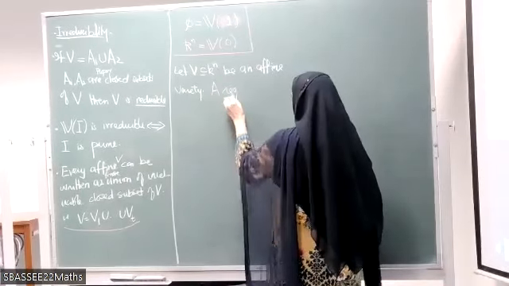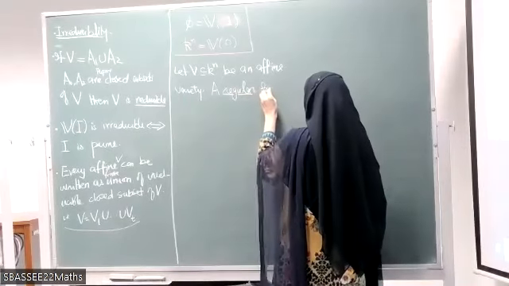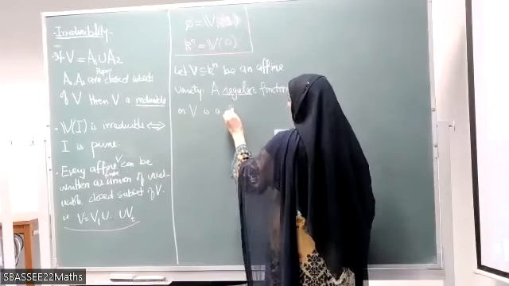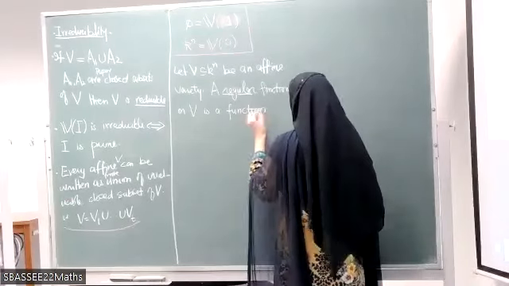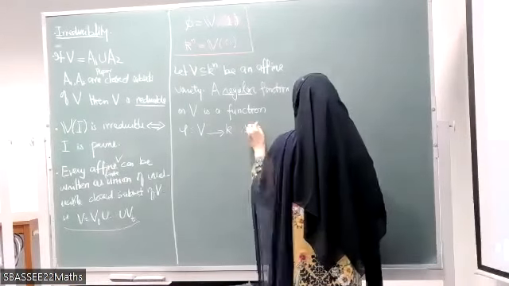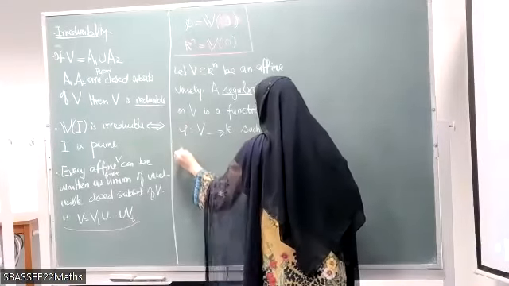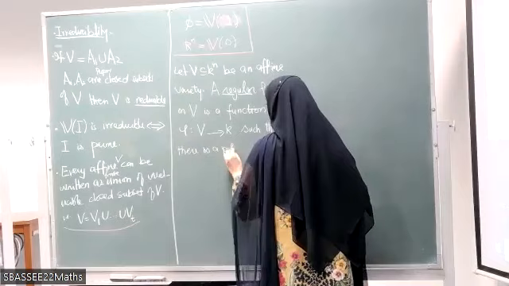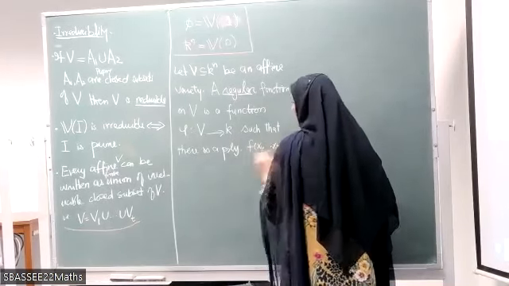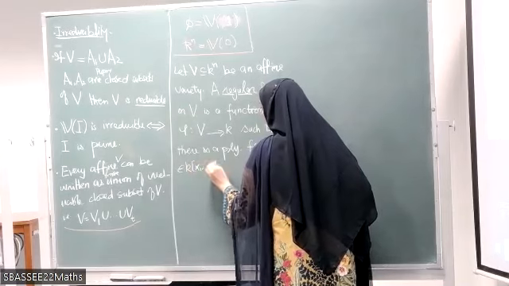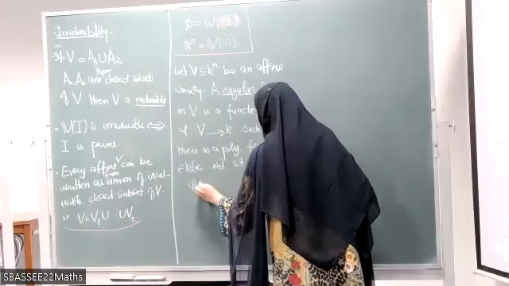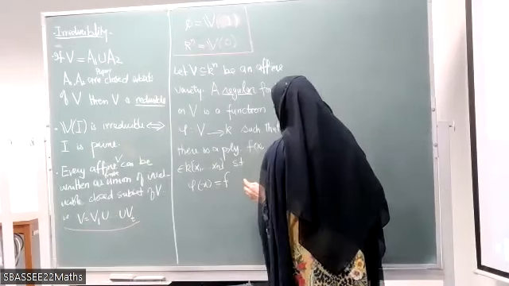So a regular function on V is just a map, which means a function from V to K, such that there is a polynomial, let's call it f, in our polynomial ring, such that phi of x is the same as f of x.